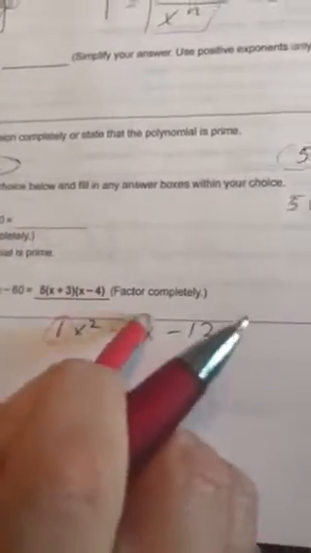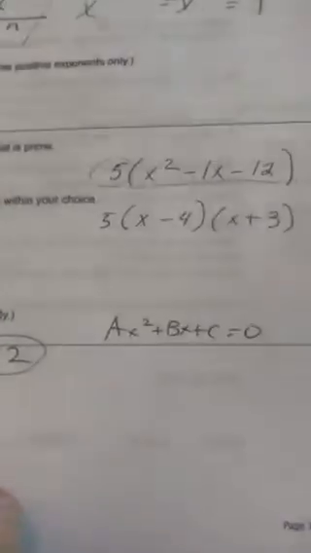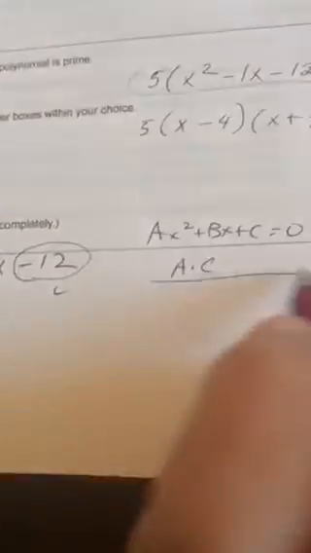And this here is my A. This here is my B, and this here is my C, just like when we've been doing ax squared plus bx plus c equals 0. So that's A, B, C. The AC method comes when you multiply A times C. So I have A times C, and then I just put my B over here.